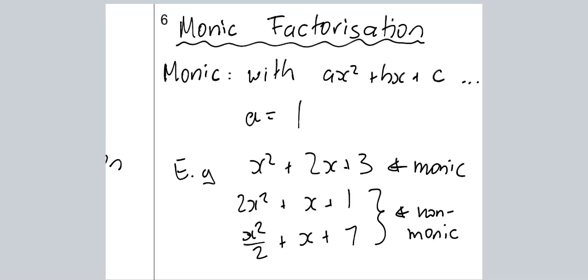So remember that 1 is an implied value. So x squared plus 2x plus 3, the implied coefficient of x squared is 1. We don't write 1x squared plus 2x plus 3. We just write x squared plus 2x plus 3 because the 1 is implied to be there. It's an invisible 1.